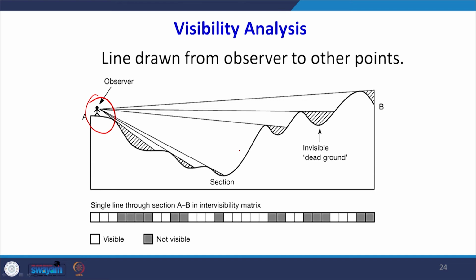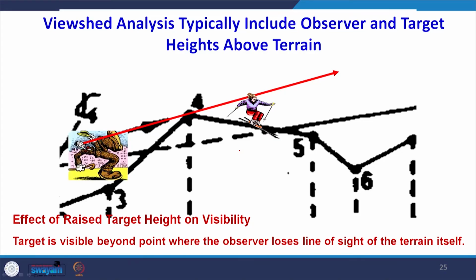So if we want the maximum visibility, then we have to identify the optimal location of the observer, the optimal location of the site. This viewshed analysis has also been very useful in sports activities like skiing, when a person is taking a jump from one particular point and reaching another point.